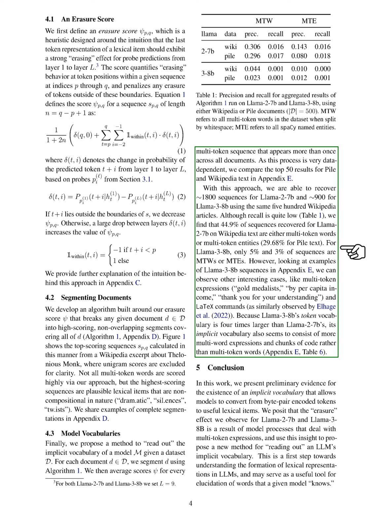However, when examining examples of Llama 3 8b sequences in the appendix, we notice other interesting cases, such as multi-word expressions, gold medalists, by per capita income, thank you for your understanding, and LaTeX commands, as also noted by prior work. Since Llama 3 8b has a token vocabulary 4 times larger than Llama 2 7b, its implicit vocabulary appears to include more multi-word expressions and code segments rather than multi-word terms. Refer to the appendix, table.